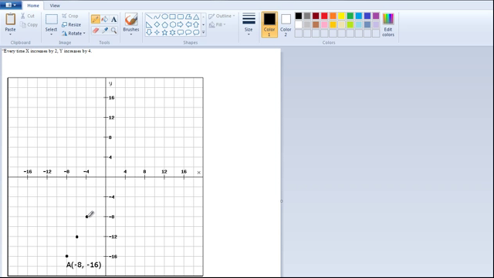We can just keep going like this. 1 square to the right and 2 squares up. 1 to the right, 2 squares up. We have to plot 7 points. So 1, 2, 3, 4. 3 more. 1 to the right, 2 up. 5 points. 1 square to the right, 2 more up. 1 more. 1 to the right and 2 up.